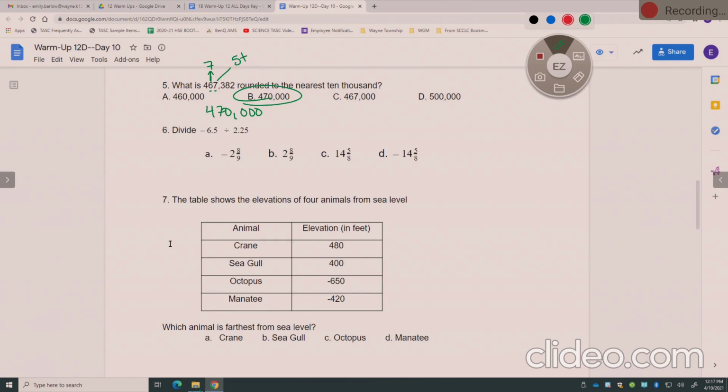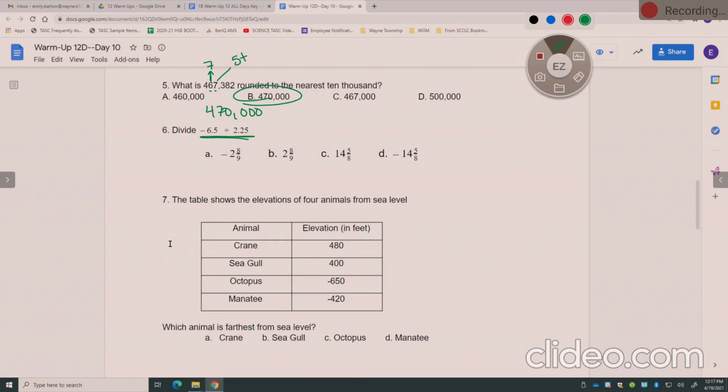Okay, number 6, negative 6.5 divided by 2.25. If I don't have a calculator and I notice that all of my answers are in fractions, then I want to take these decimals and convert them to fractions.